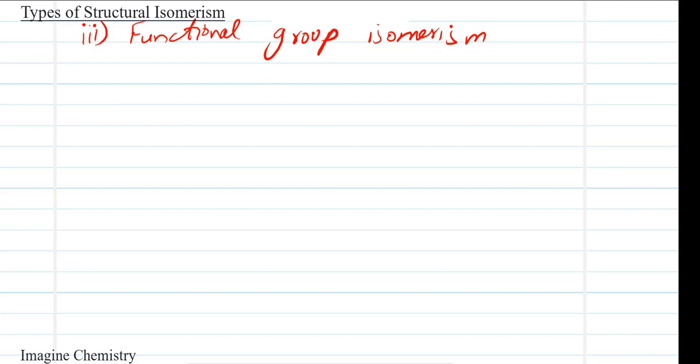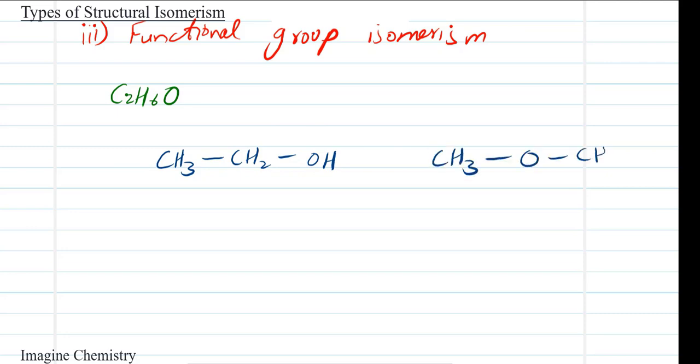Let's say I write a molecular formula as C2H6O, and I ask you to write the structural formulas of this molecular formula. So they can be written as CH3CH2OH, ethyl alcohol, or it can also be written as an ether. So this is dimethyl ether.